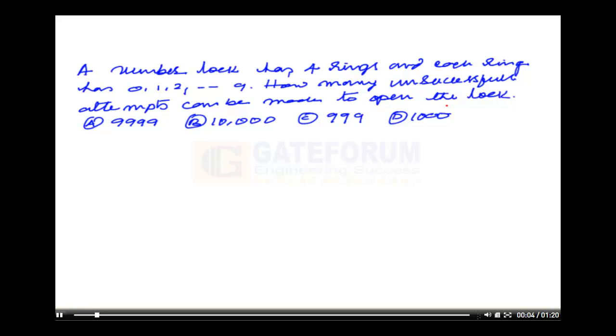A lock having 4 rings, and each ring can have 10 digits from 0 to 9. Therefore, the number of ways of filling all the 4 digits: the first can be filled with any one of the 10 digits, second also 10, third also 10, fourth also 10.